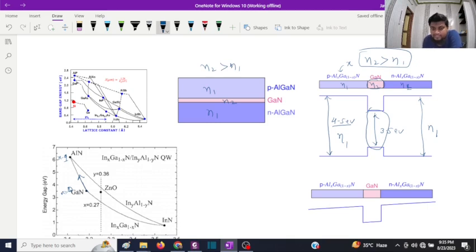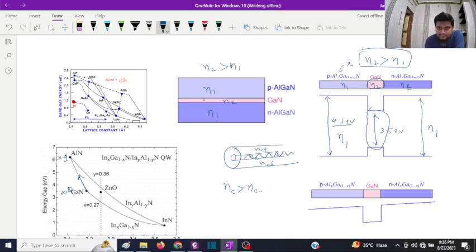So what will happen is that this structure will work as a waveguide, as in the case of optical fibers, right? In the case of optical fibers, what do we have? We have a core which has N core and then N cladding, where N core is greater than N cladding, and that's why there is a high chance of total internal reflection.